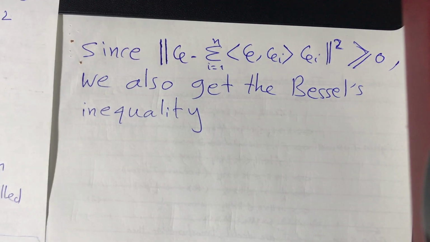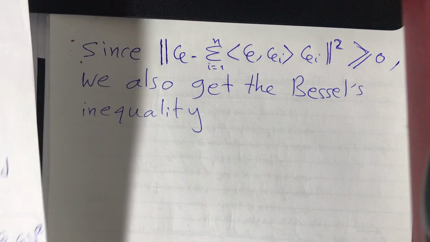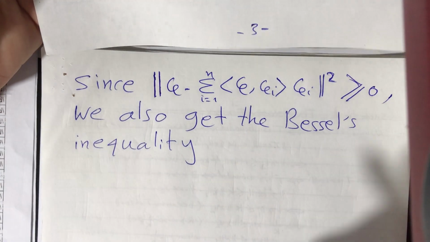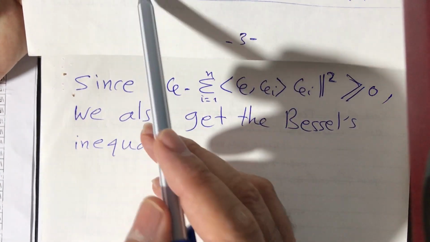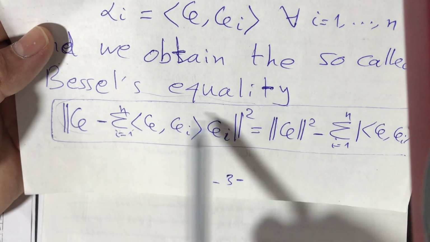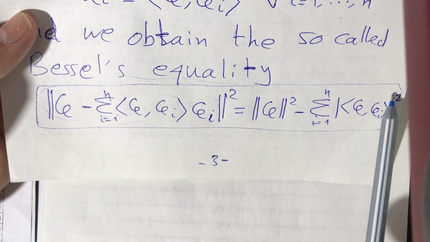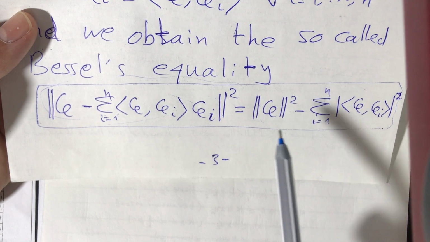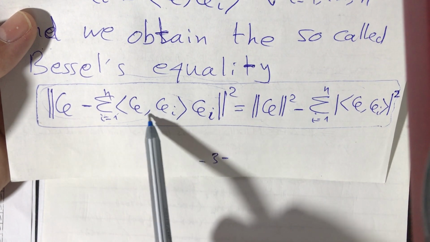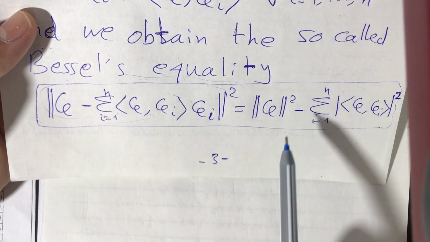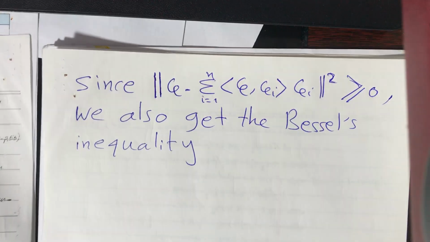Look, this is positive and this is equal to this. So this is more than or equal to 0.